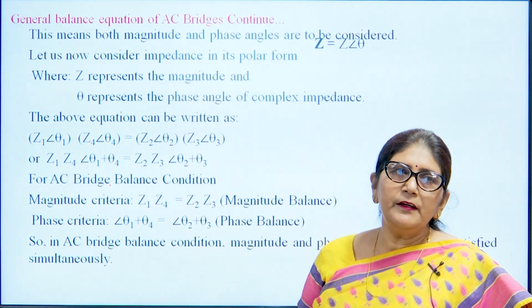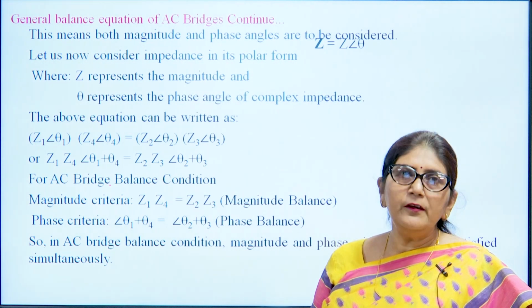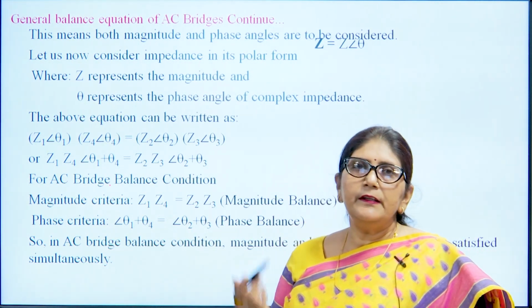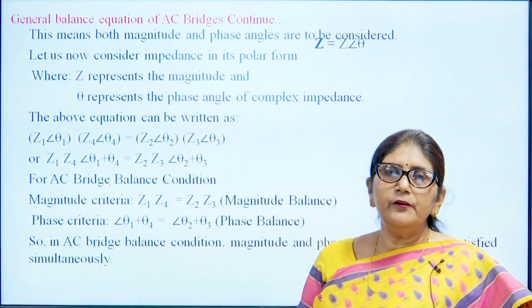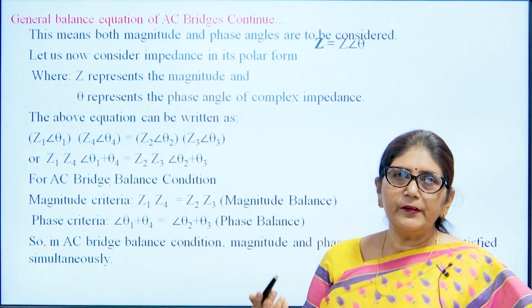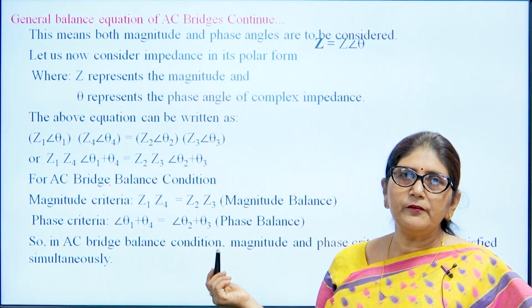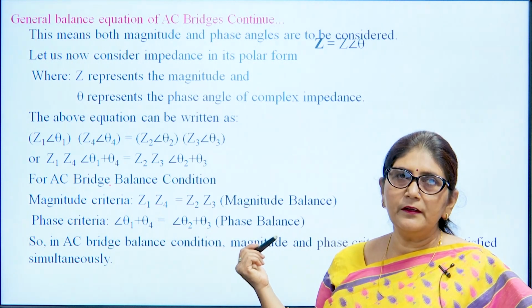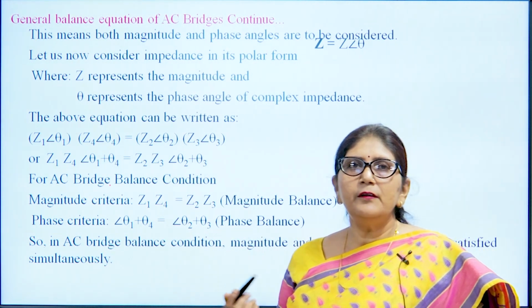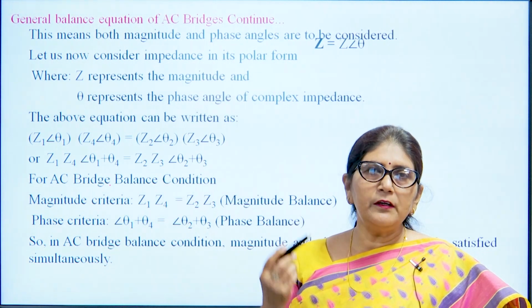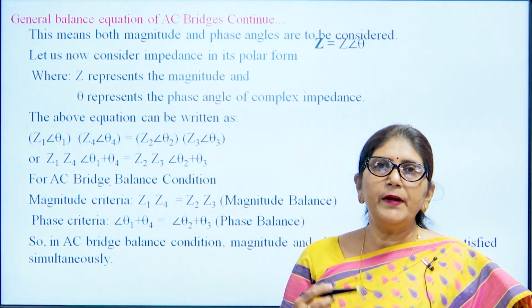For the balance condition two criteria should be fulfilled. One is the magnitude criterion, that is Z1 Z4 is equivalent to Z2 Z3, and the second is the phase criterion, that is theta 1 plus theta 4 is equivalent to theta 2 plus theta 3. These are the two conditions for the AC bridge to be in balance state.